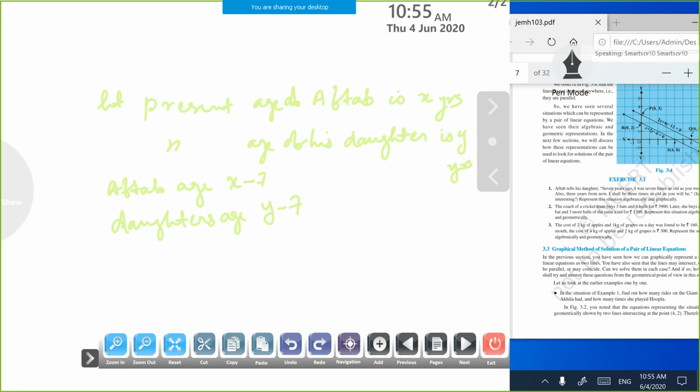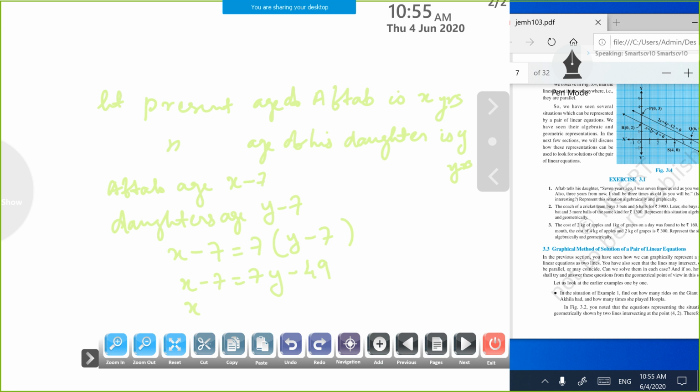According to our question, 7 years ago, I was 7 times as old as you were then. That is our first equation: x minus 7 is equal to 7 into y minus 7. That is x minus 7 is equal to 7y minus 7 into 7, 49.